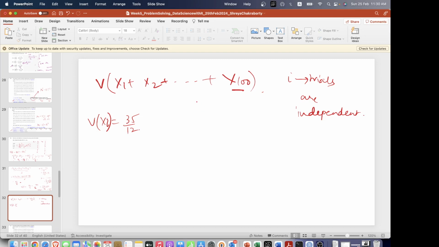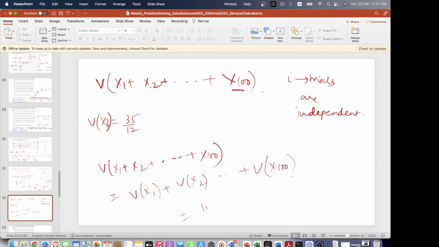Yeah. So, if you have independent trials, this variance of x1 plus x2 plus up to x100 would translate to variance of x1 plus variance of x2 plus up to variance of x100. So this would actually be 100 into variance of xi. That would be 100 into 35 by 12. And how much does that come to?